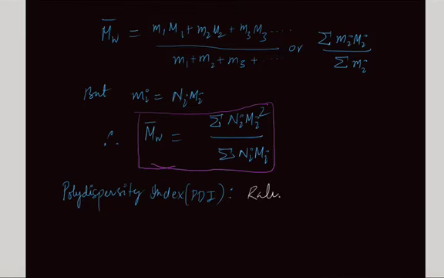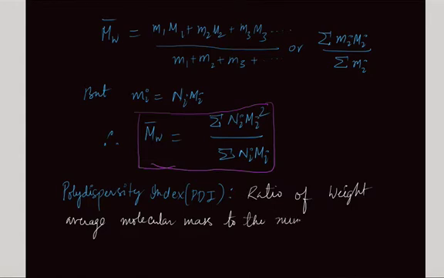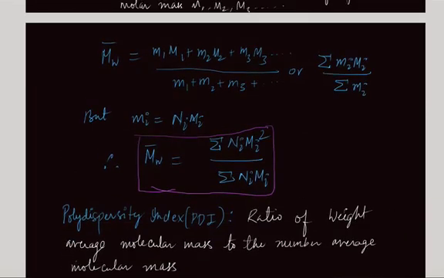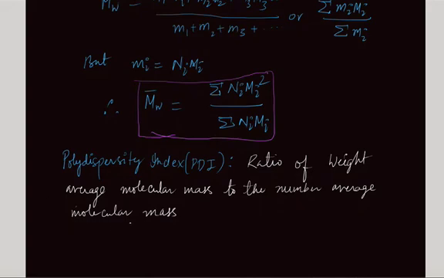It is the ratio of the weight average molar mass or molecular mass to the number average molar mass. By definition itself, it's very clear that it has something to do with the ratio of the above two which we learned.